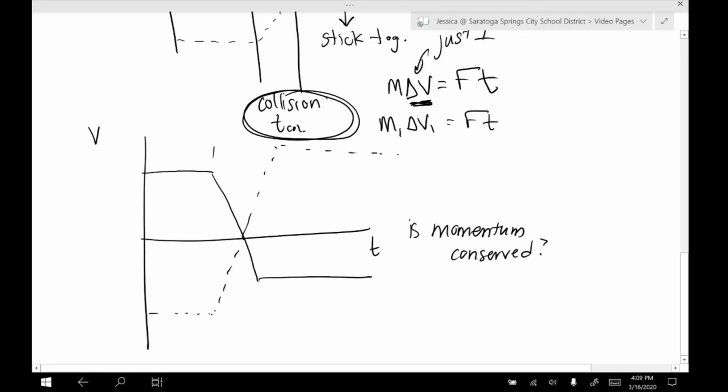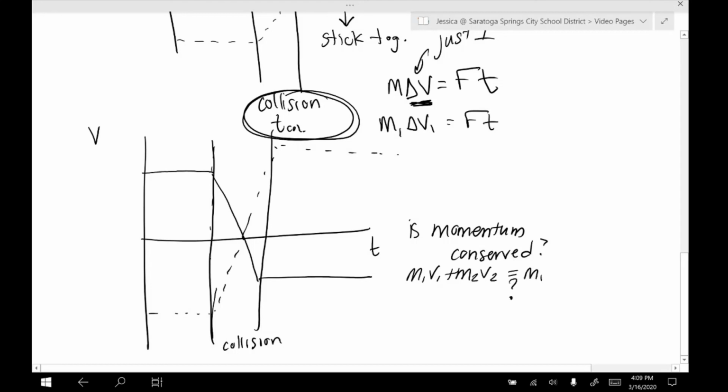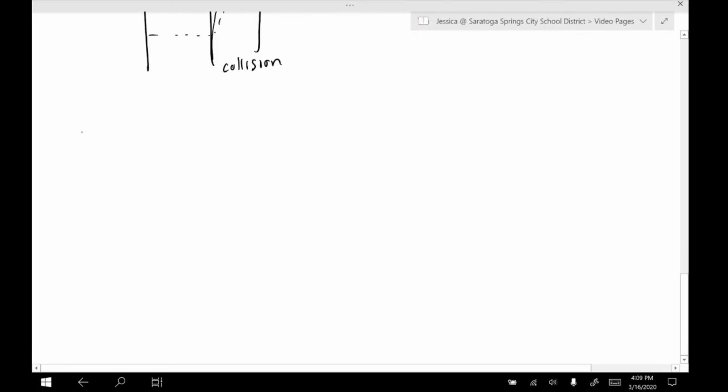So again, this area here, where the velocity is changing, that's where our collision is occurring. So the dotted line changes direction, the solid line changes direction. So we would essentially be plugging into m1v1 plus m2v2 and figuring out, does it equal m1v1 prime plus m2v2 prime? They could also ask us this question with a momentum versus time graph.